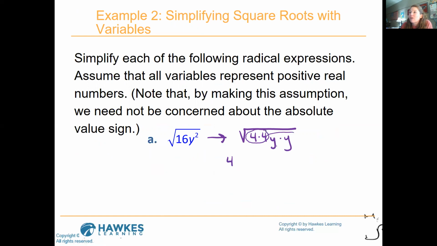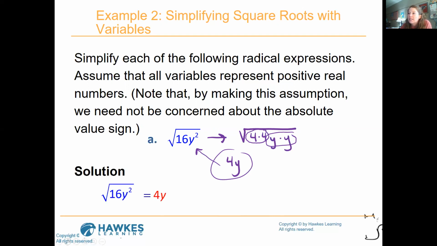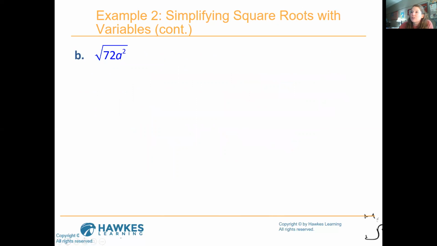I see a pair of y's, I get to pull out 1. It represents both on the inside. And look, there's nothing left under the radical, so that's the answer. And the reason there's nothing left under the radical is because 16 is a perfect square, and so is y squared. The square root of y squared is y, because y times y is y squared. So 4y.